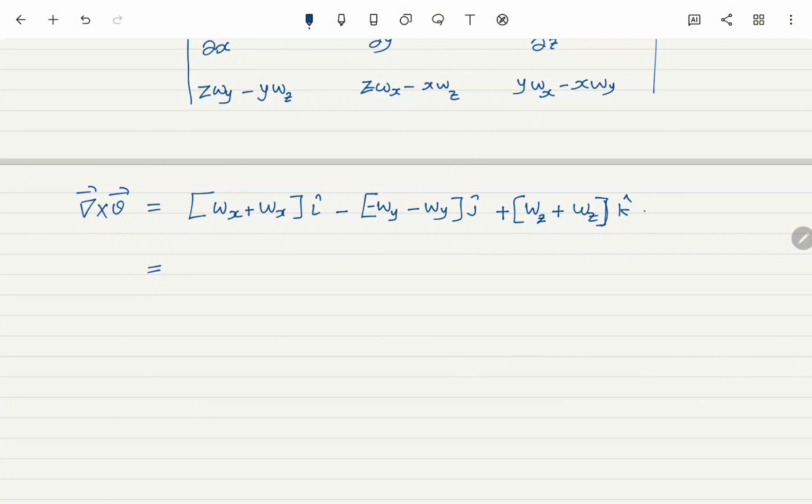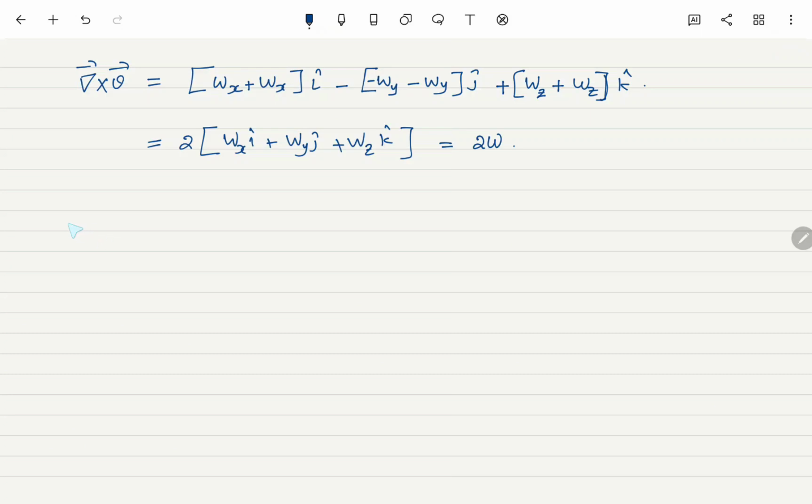In total this is 2 omega x, 2 omega y, 2 omega z. So 2 times omega x i hat, omega y j hat, omega z k hat, or in total it's equal to 2 omega.